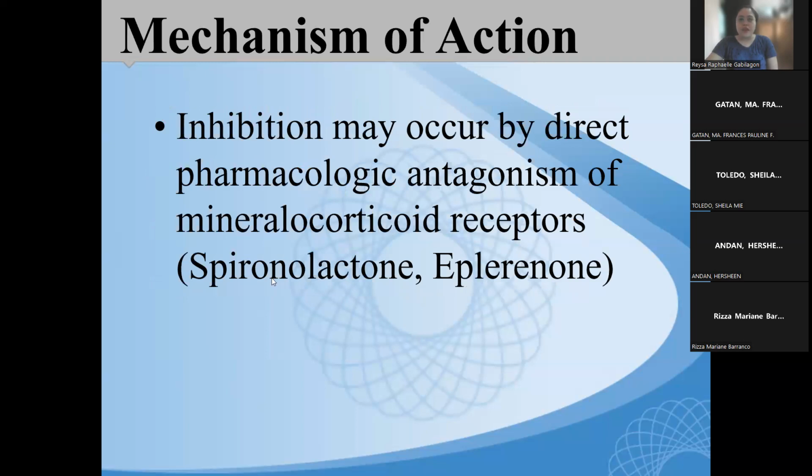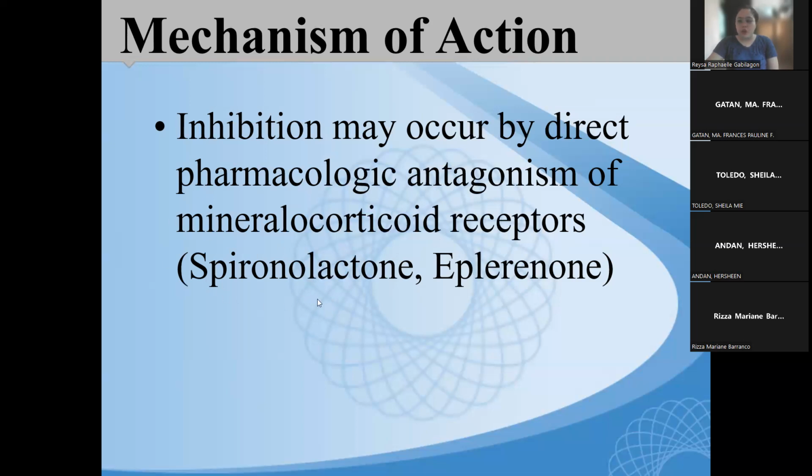So let's start with spironolactone and eplerenone. Okay? Now, these two, spironolactone and eplerenone, are actually synthetic steroids. Since they are synthetic steroids, their mechanism of action is inhibition of the activity of aldosterone in the mineralocorticoid receptors.